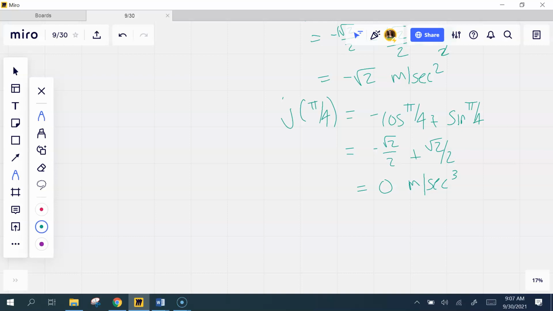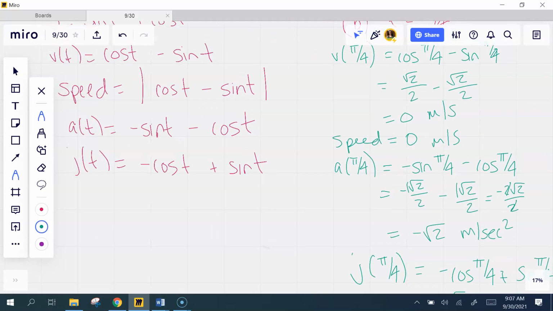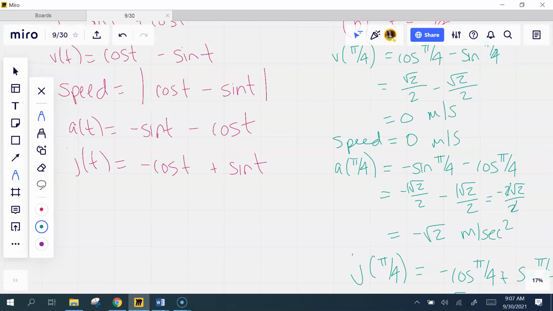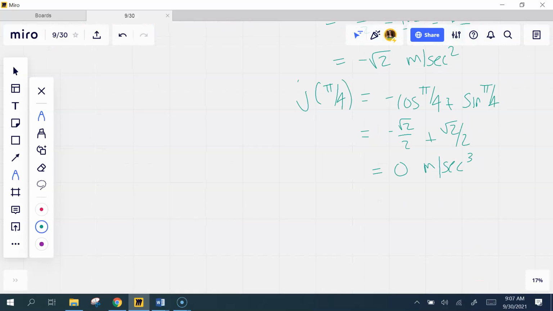I think it's enough to say that it's oscillating between the values. They didn't say explain why, they just said describe. So I would just say that it's oscillating.